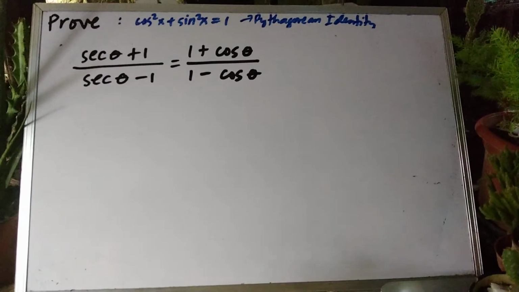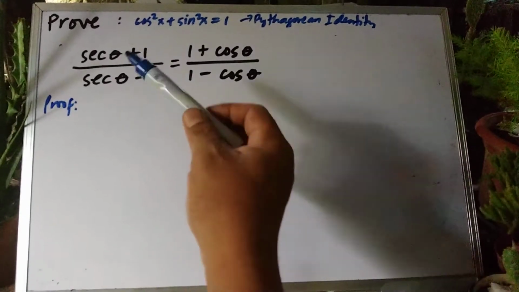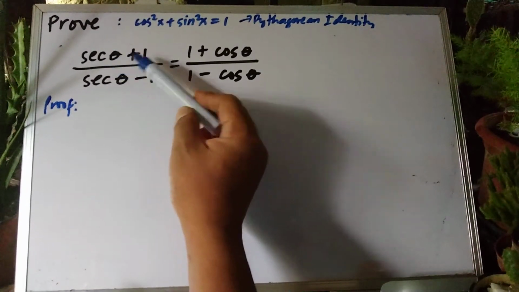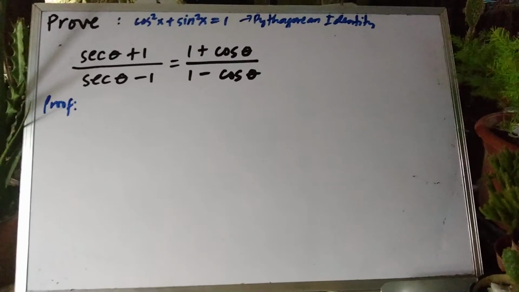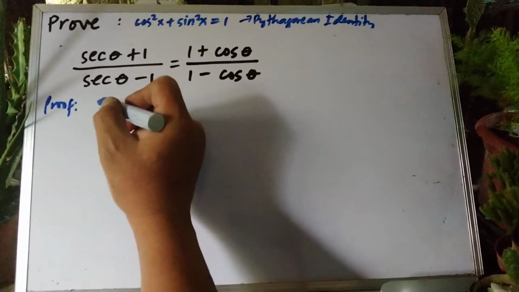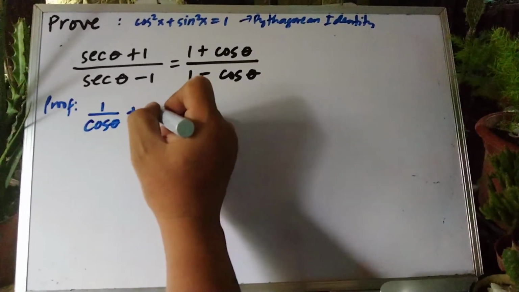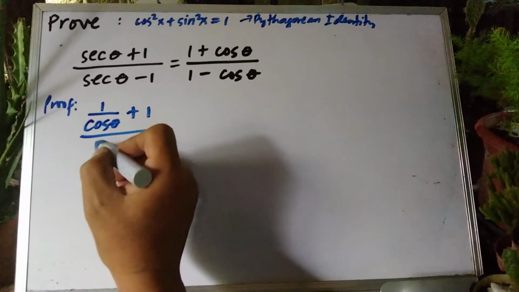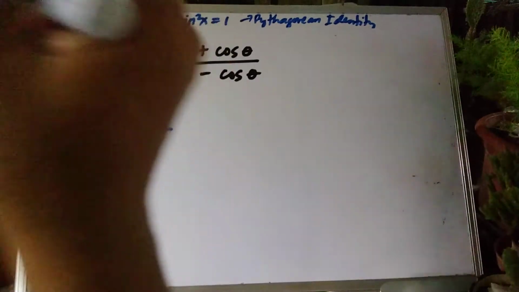So anong gagawin natin? Okay. In the numerator, we have secant theta plus 1. Again, we can use the reciprocal identity of secant. 'Di ba? Ano nga 'yon? You have 1 over cosine theta. Then you copy 1 over 1 over cosine theta minus 1.